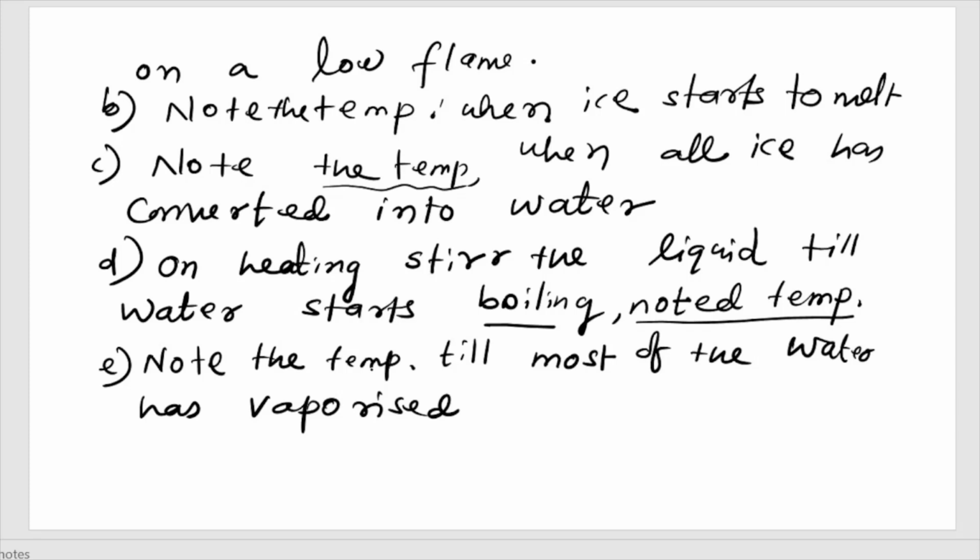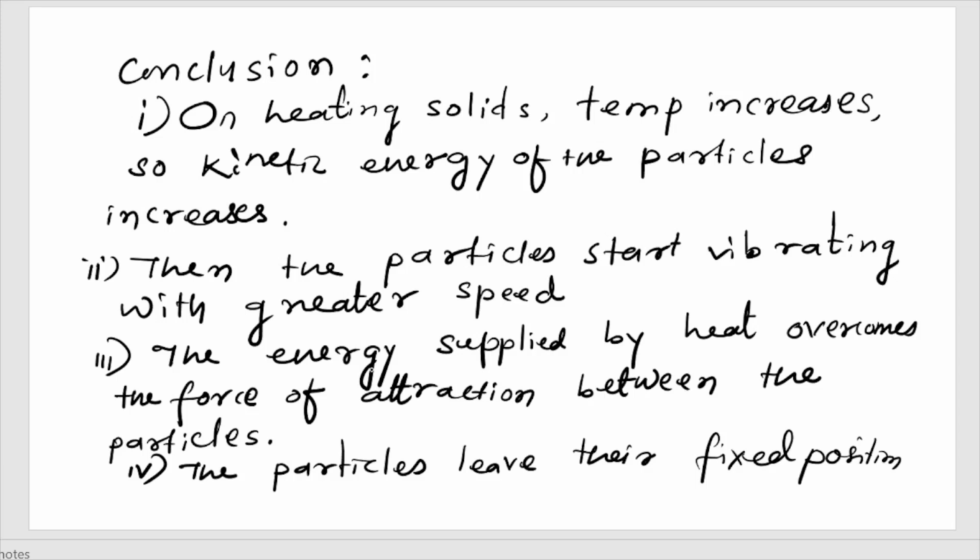First, when the ice starts to melt. Then, when all the ice has converted. Then, when the liquid starts to boil and give vapor. And when all the liquid has vaporized, note the temperature.